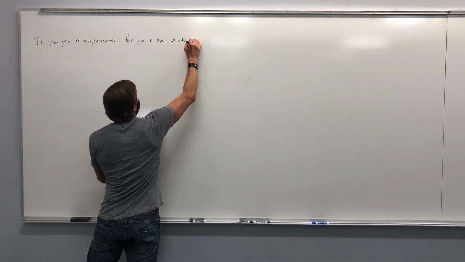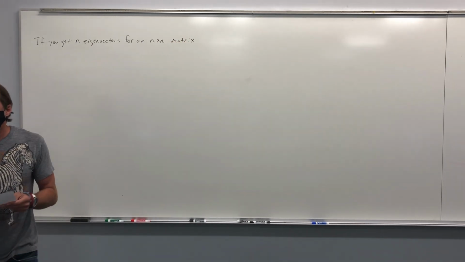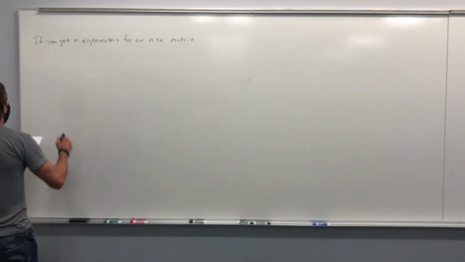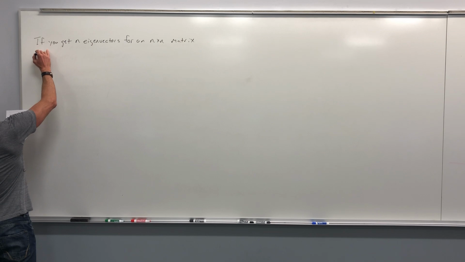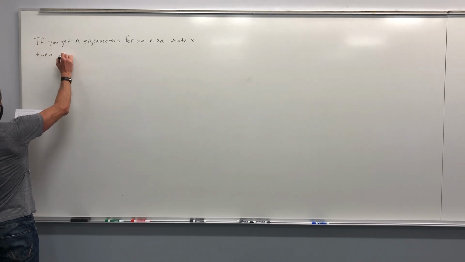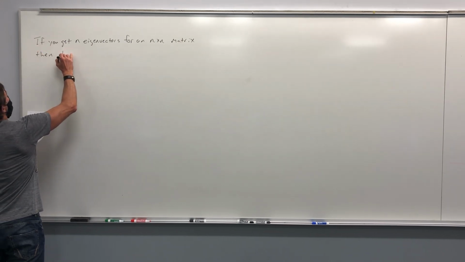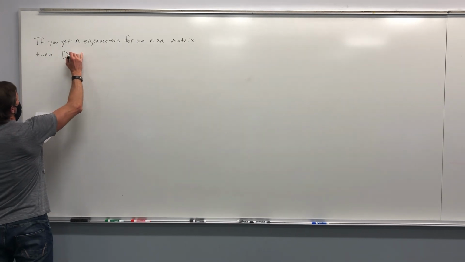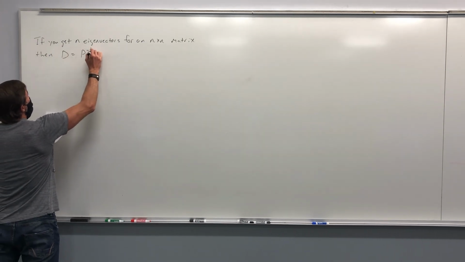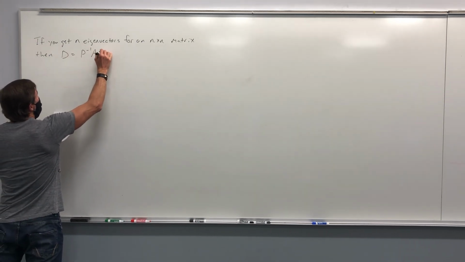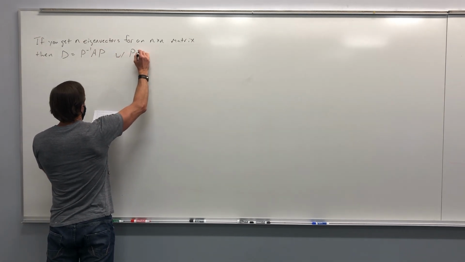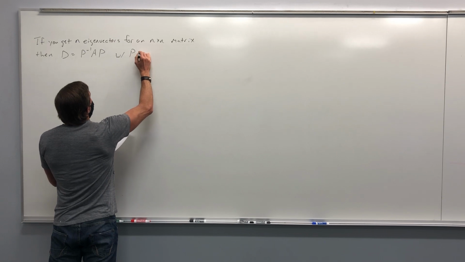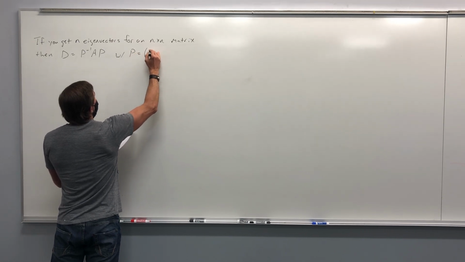So if you really do get n of them, then they're orthogonal, and the diagonal form of the operator is P inverse times the operator times P, where P is the matrix which is built out of eigenvectors.